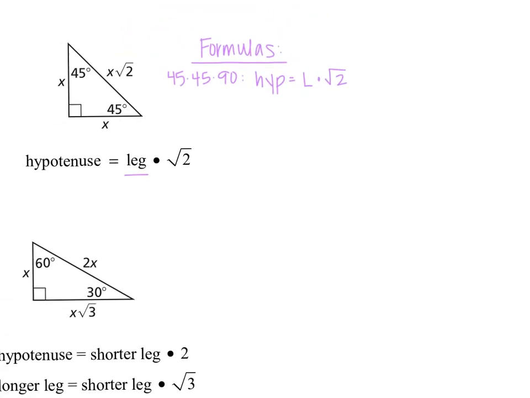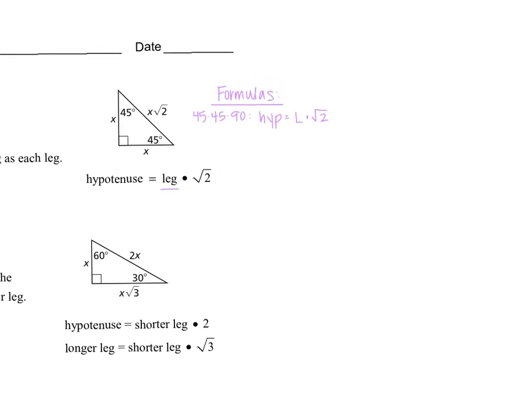So for this triangle, I'm going to write in a different color. For the 30, 60, 90, the hypotenuse is equal to, I'm going to write S for shorter leg, the short leg times 2. So the hypotenuse is the short leg times 2.